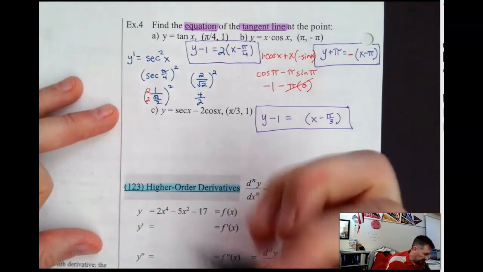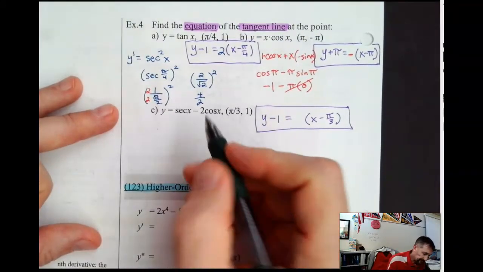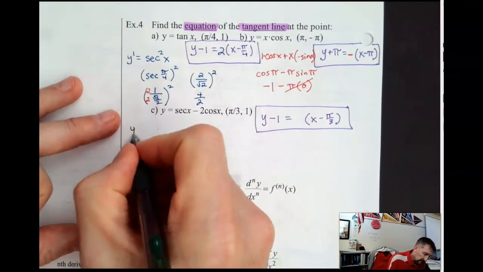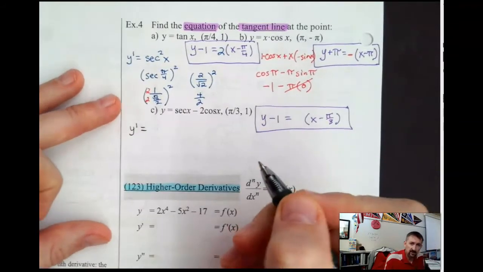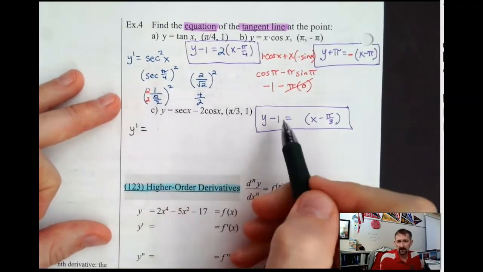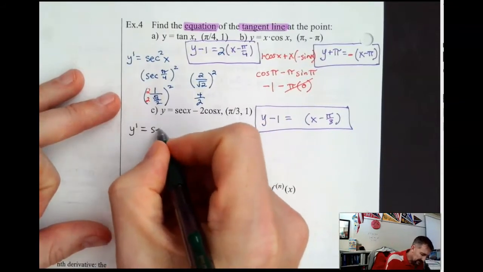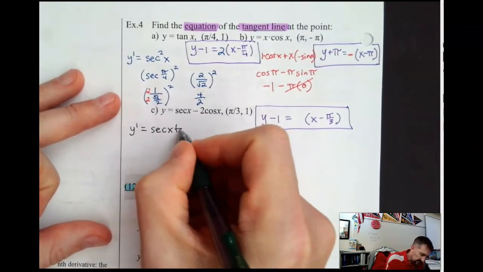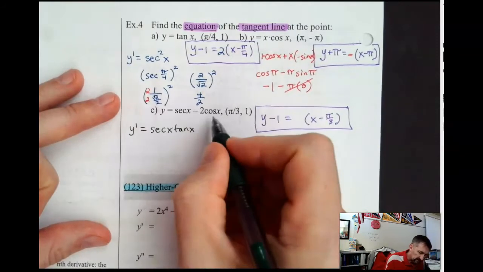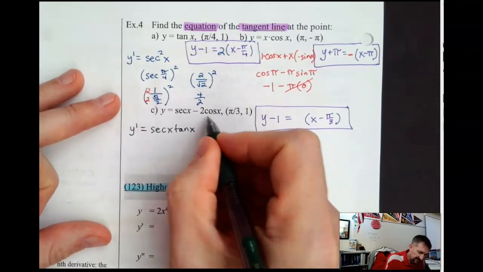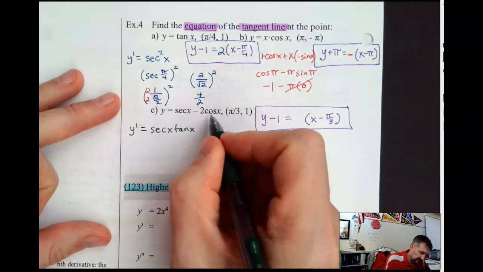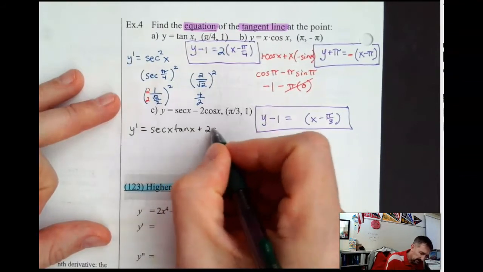Okay, now let's see here. So we need the derivative. Derivatives are for slopes. We need the derivative of this to calculate the slope. So the derivative of secant is secant tangent. Derivative of this is negative sine. So that's going to be a negative times a negative. That's going to be positive.